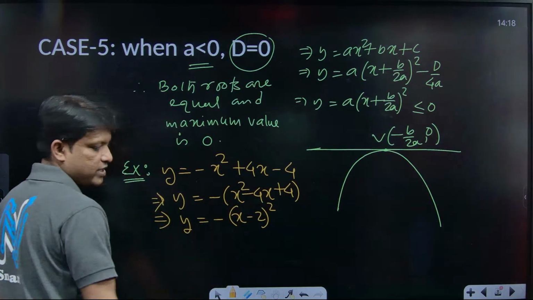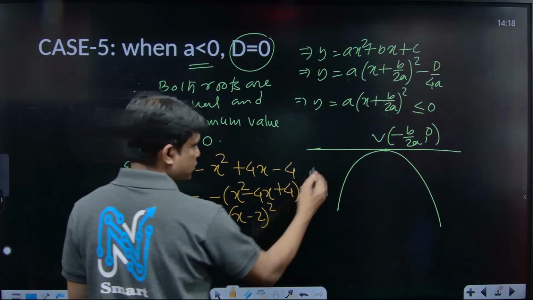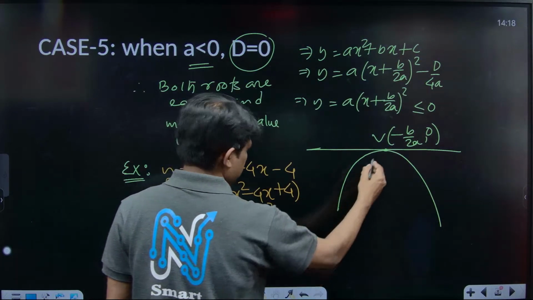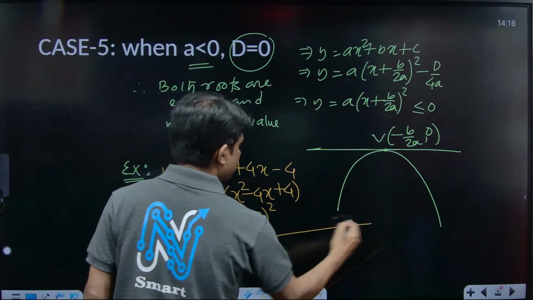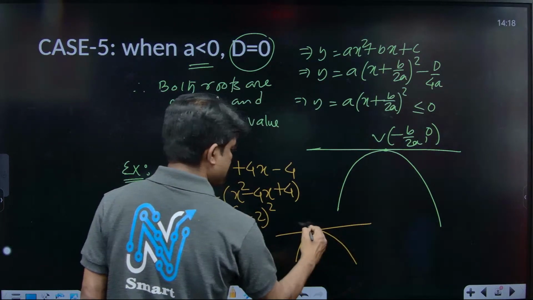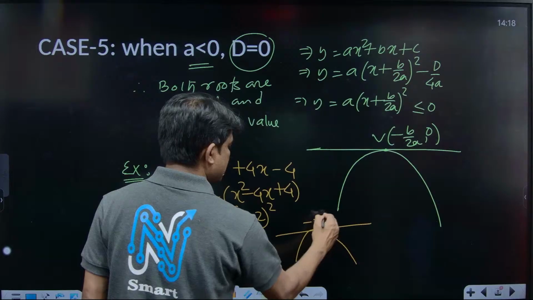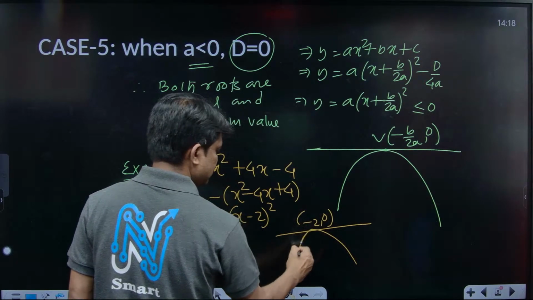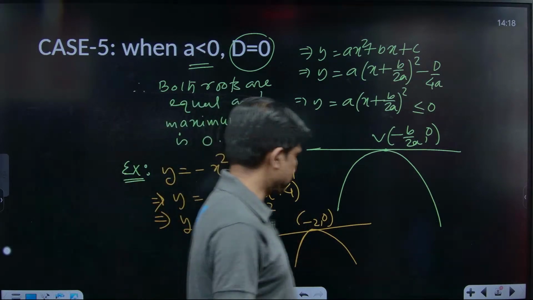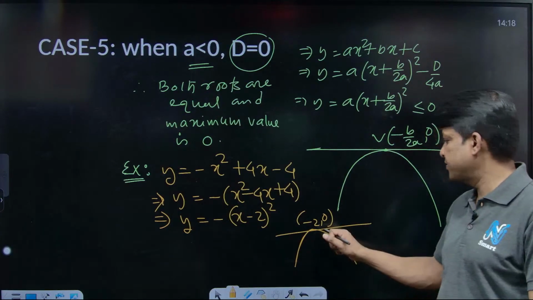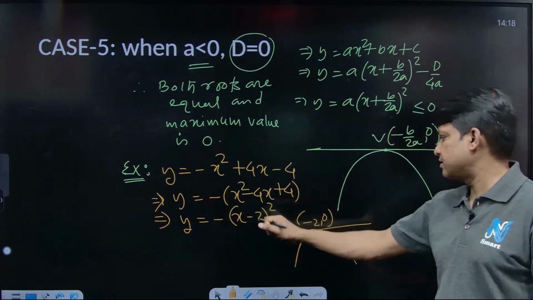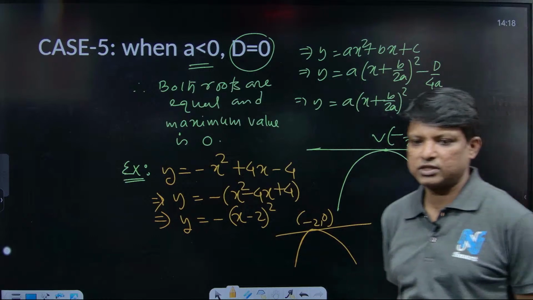This is always less than or equal to 0. When x equals 2, it touches and y equals 0. So for this type of parabola, the point 2 comma 0 is the vertex, which touches the x axis, the maximum value of the function is 0, and it has equal real roots, both roots being 2.